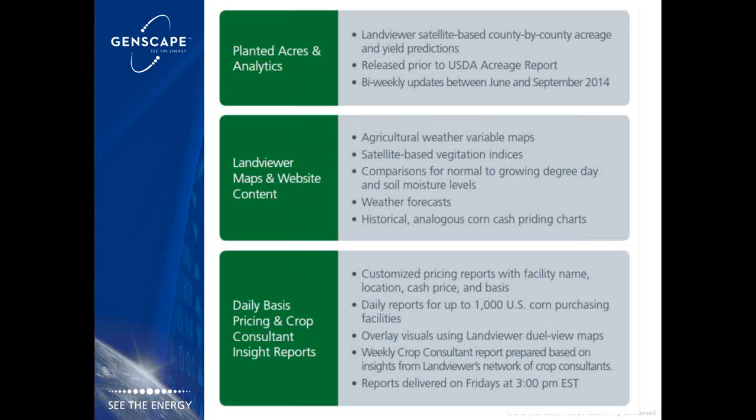24/7, of course, for clients to come on and look at weather maps, satellite-based vegetation indices, comparisons to previous years, and a new tool that we've released this year allows a 10-year analogous history comparison to look at this year and compare it to previous years, because everybody's always saying this reminds me of 2011 or 2008, and this gives you the opportunity to actually look that up and see how similar the years are, and see how similar the yields may be.